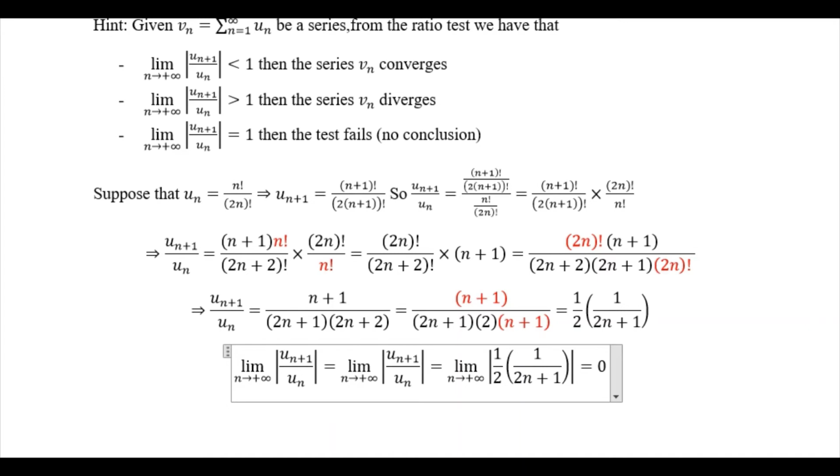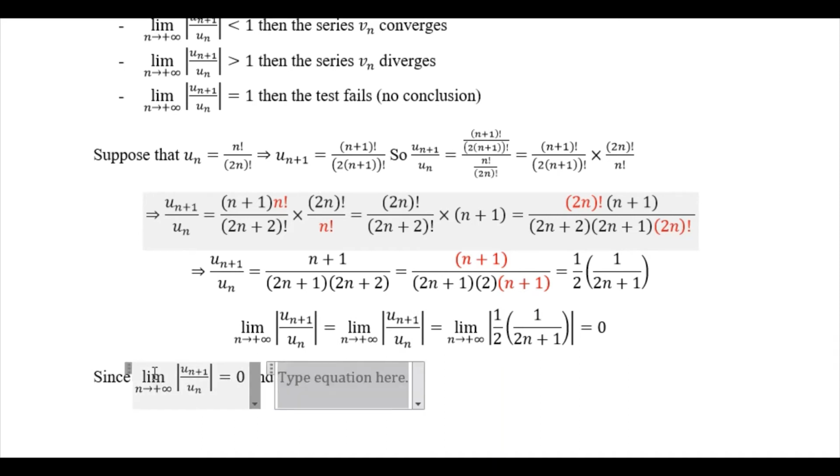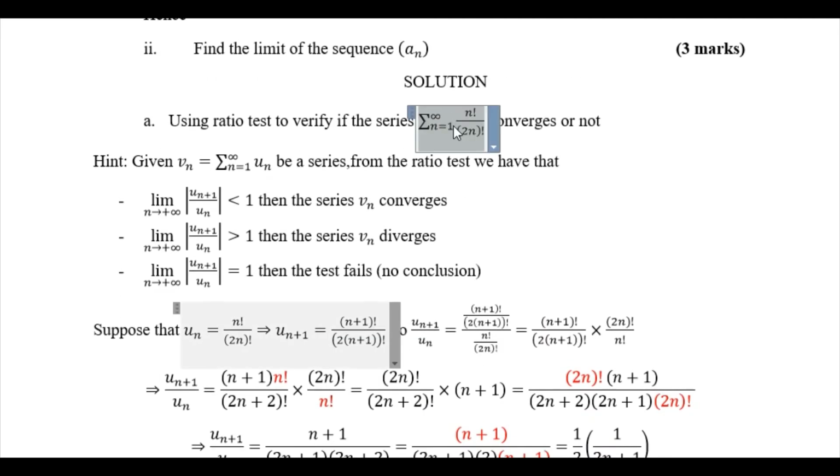So since it is 0, let's try to draw a conclusion. Since this limit is equal to 0, and 0 is less than 1, we can conclude that the series, that is our general series here, converges according to this.